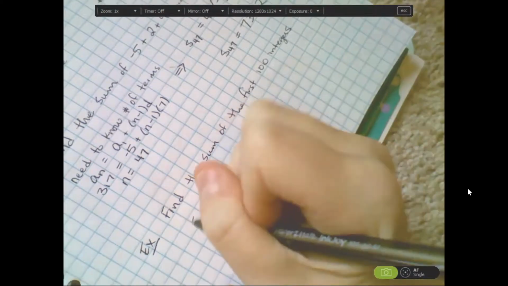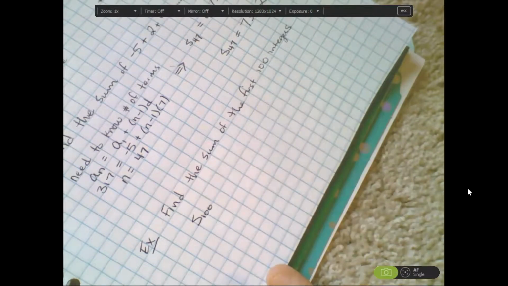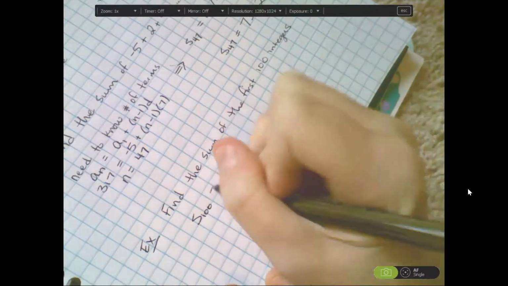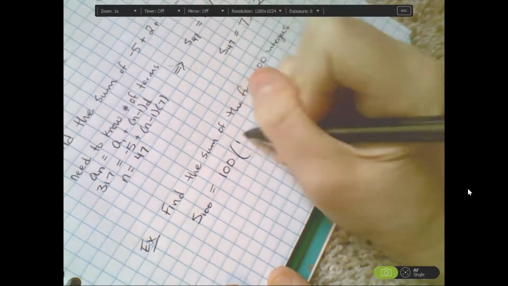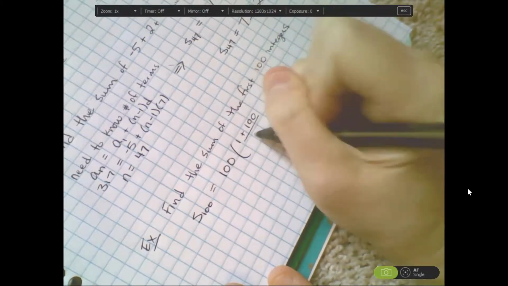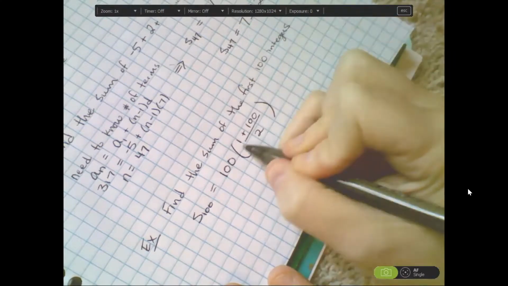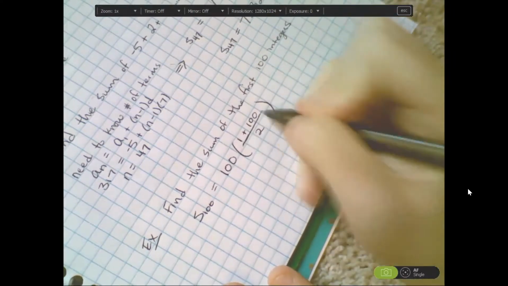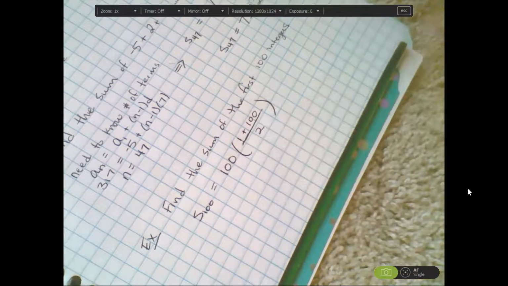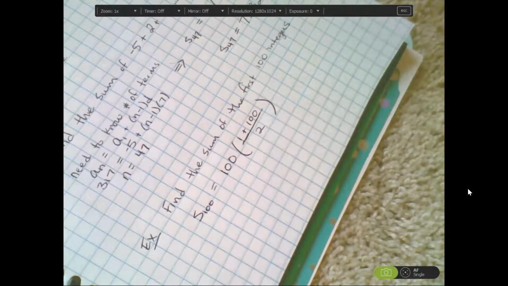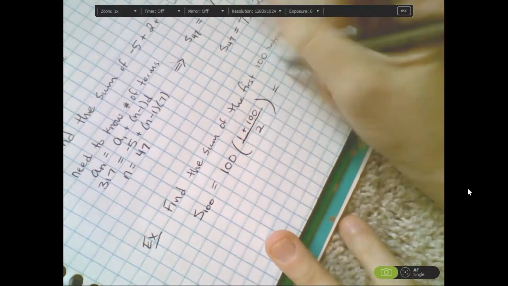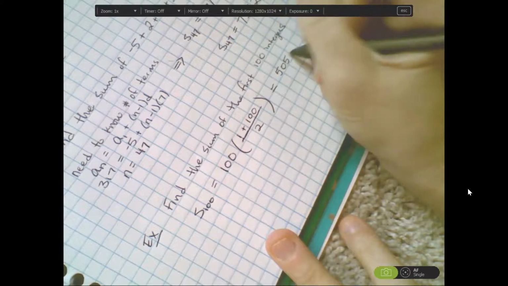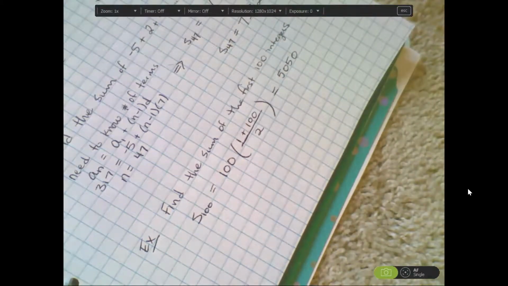So we want to do the sum of 100 numbers. So our n is 100. 1 plus 100, over 2. Our first number in the list would be 1. Our last number in the list would be 100. If we work all that out, we get 5,050.